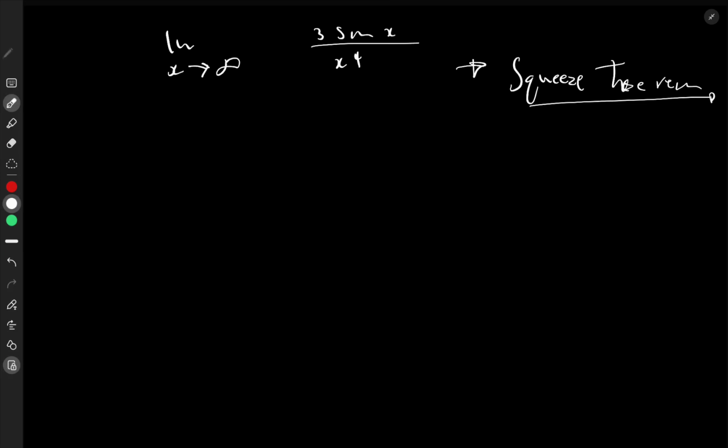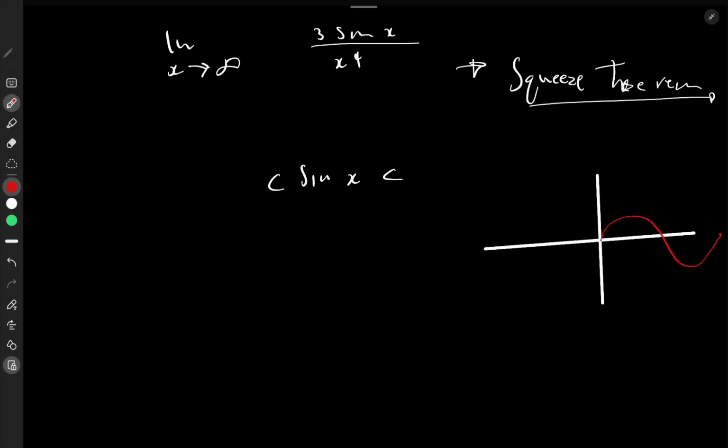We know that most of my problems, if I'm solving them, always correlate with the graph of the function. We know that for the function sine x, let me just draw it here for you, these are my x's, the function sine x should look something like this.